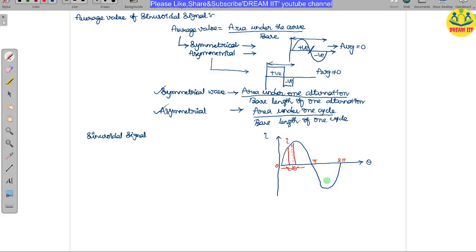The positive half cycle and negative half cycle are the same, so it is enough to calculate only for half a cycle. For the average value of a sinusoidal signal, we apply it only for half a cycle. Let us write the equations here.